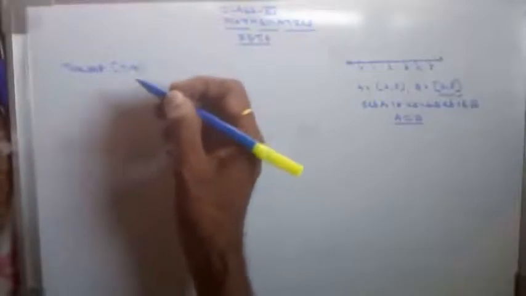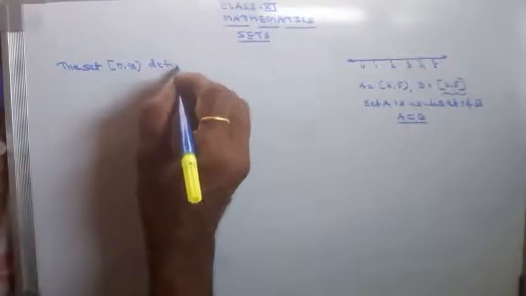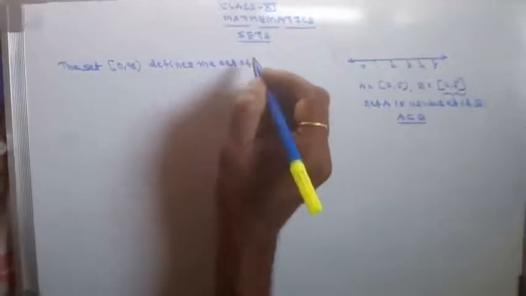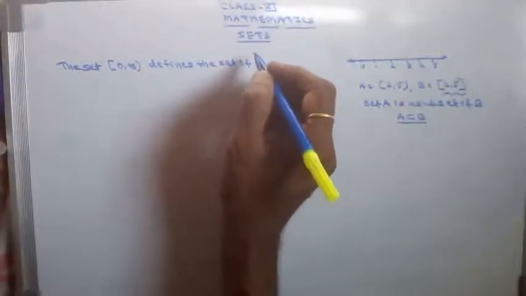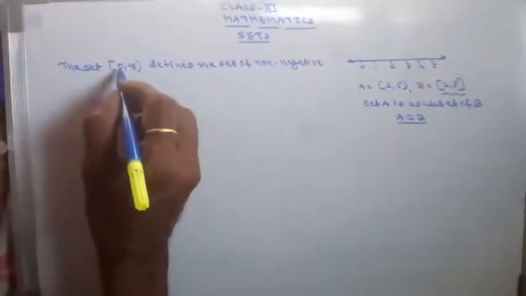Generally we give an open interval at infinity. From the infinity side we should always give an open interval, whether it is minus infinity or plus infinity, because we don't know where infinity stops; therefore it is an open interval. Okay, this defines the set of non-negative real numbers. Non-negative: all are positive, from 0 to infinity.